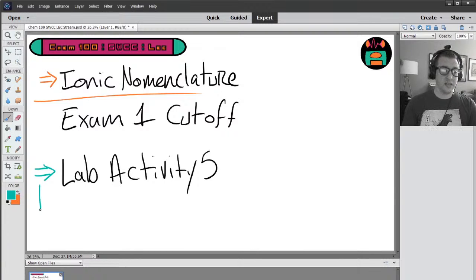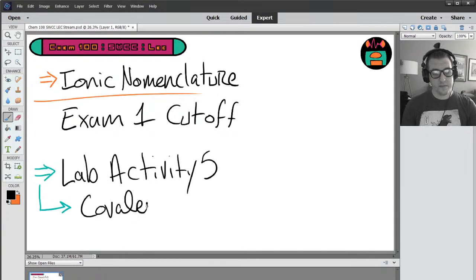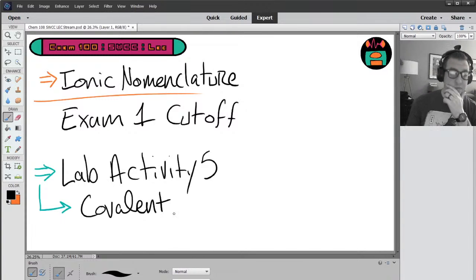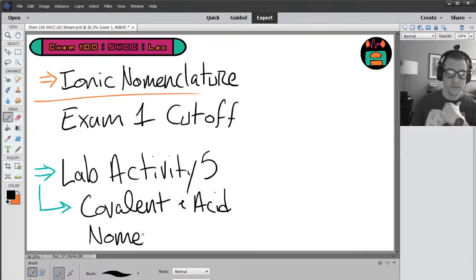This includes ionic nomenclature, but it also includes covalent and acid nomenclature.